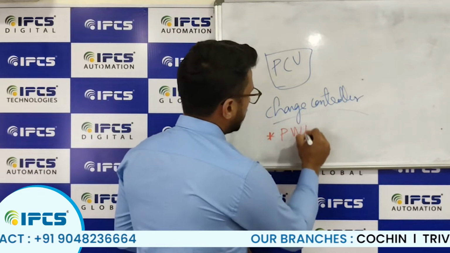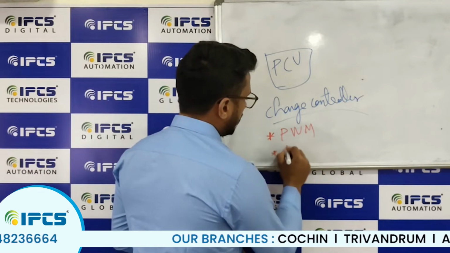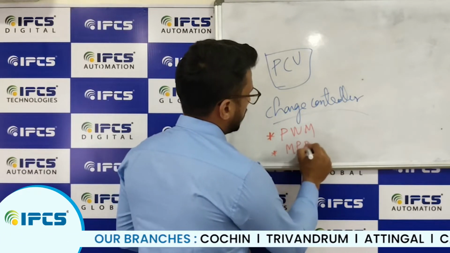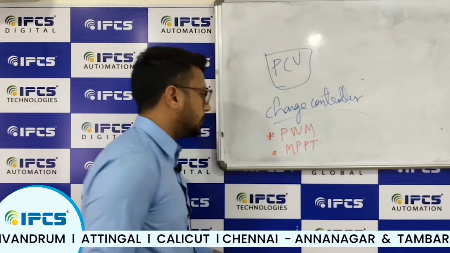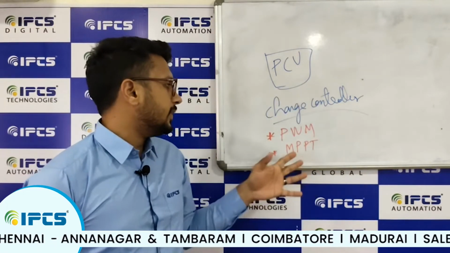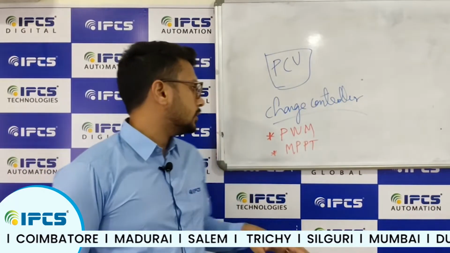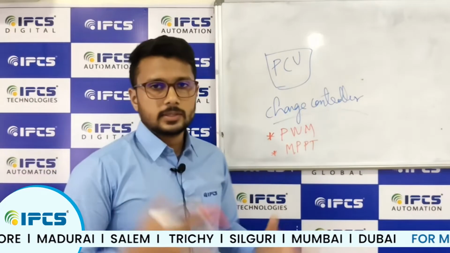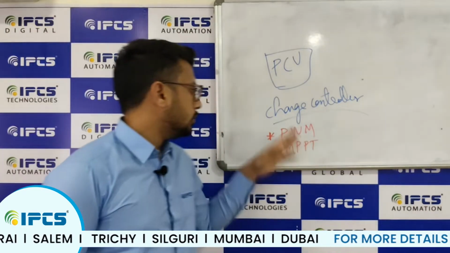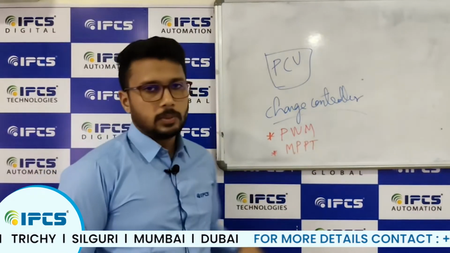First one is PWM and the second one is MPPT. PWM stands for pulse width modulation and MPPT stands for maximum power point tracking. Both are used to regulate the voltage, but PWM is the older technology and MPPT is the latest advanced technology, in which we obtain the most efficiency by using MPPT charge controllers.